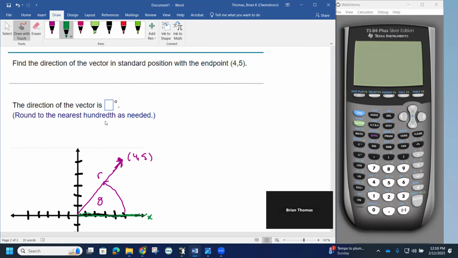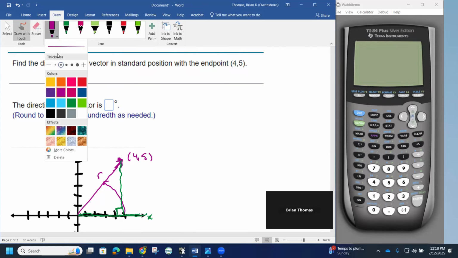Now again, what I can do is construct a right triangle here. So in a right triangle, if this is the right angle, notice that theta is out here.